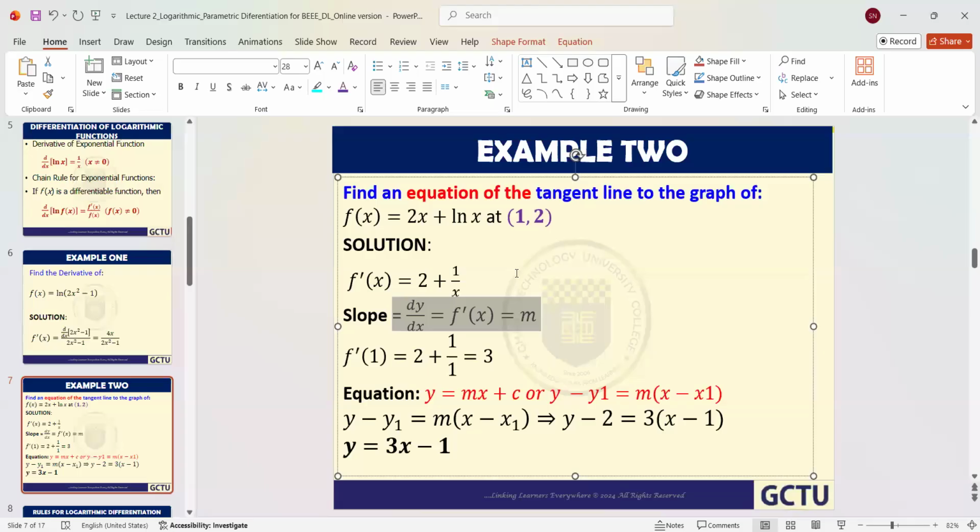Then I substituted the value of the point into the normal equation of a line, and I was able to find the equation of the line. So we are killing two birds with one stone. We are revising how to differentiate logarithm functions. We are also revising how to write the equation of a line that is tangent to a particular curve. Okay, so this is the second example.